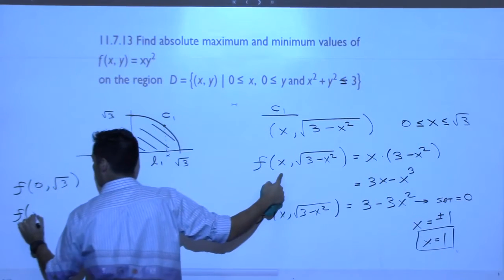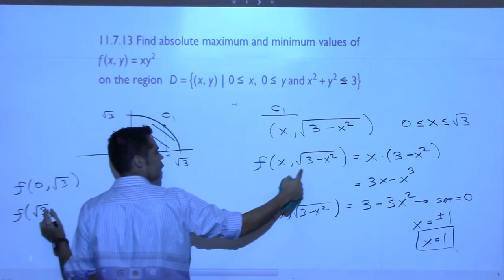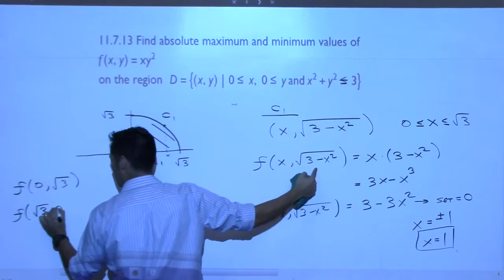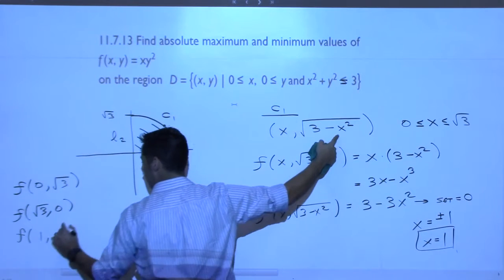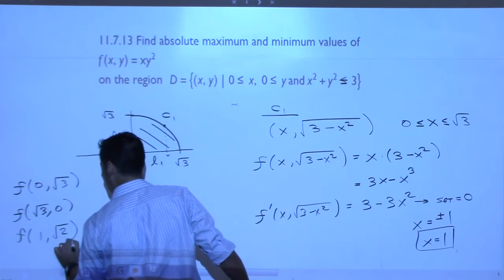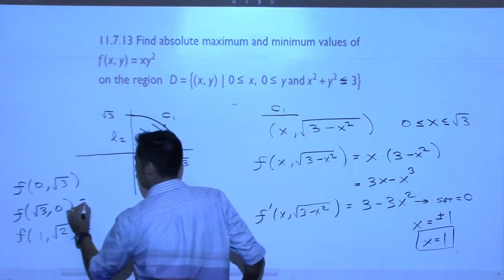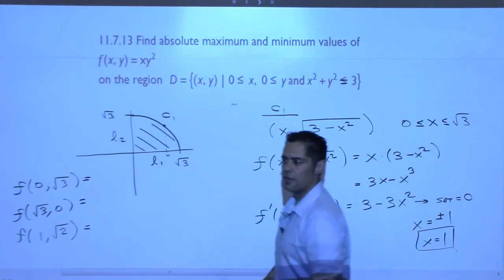So that gives me root 3 what? 0. And then I need to look at the most interesting one, which is x is 1, which means that the y value is what? So just 1 in here, you get root 2. And figure out the values of the function at each of those.